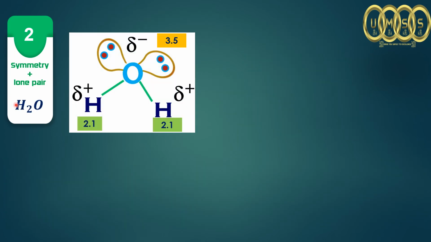As we said in NH3, the water molecule is a polar molecule, as the electronegativity of oxygen equals 3.5. So the electronegativity difference between oxygen and hydrogen in the water molecule equals 1.4. And the bonds between oxygen and hydrogen atoms are polar covalent bonds. So the oxygen atom will acquire a partial negative charge and the hydrogen atoms will acquire a partial positive charge. So the net dipole moment will be more than 0.